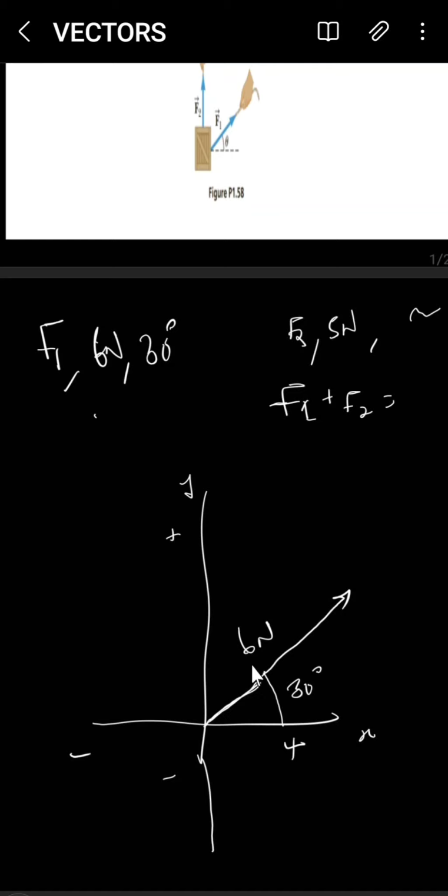But if we are going to add F1 to F2, again, addition, the head to the tail of the second vector, which is F2. So if F2 is starting from there, which means this is going to be its origin. Okay, this will be its y. Again, this will be its negative x. This is going to be its positive x. This is positive y, negative y.